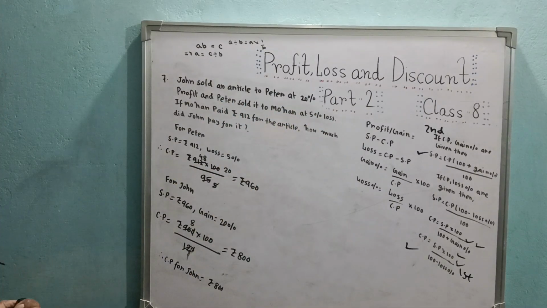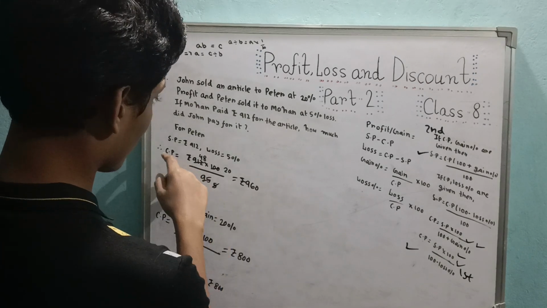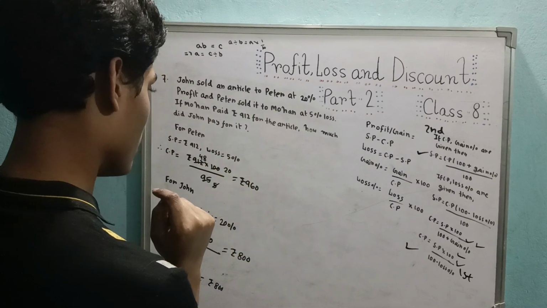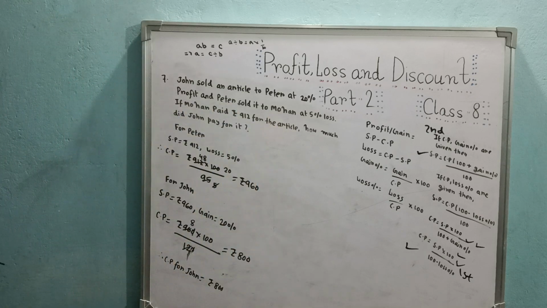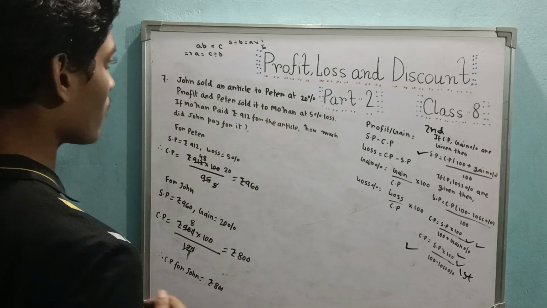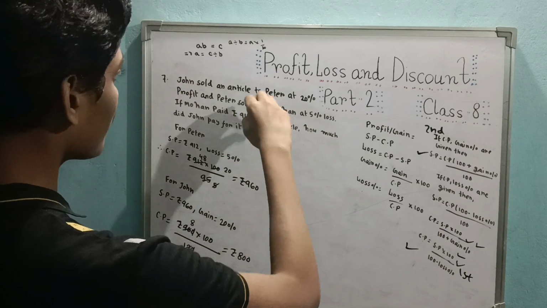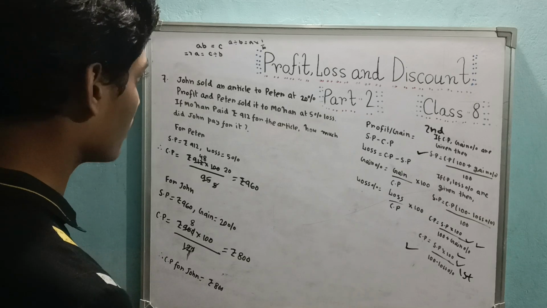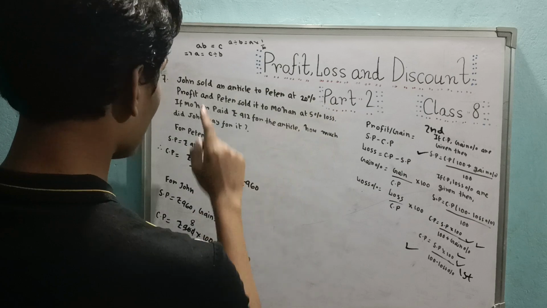Peter bought this article from someone at rupees 960. And what do we see here? John sold an article to Peter, meaning Peter bought this article from John. And we see that Peter's cost price is this. That means Peter's cost price is equal to John's selling price. So John's selling price is this. He gained 20%, John.